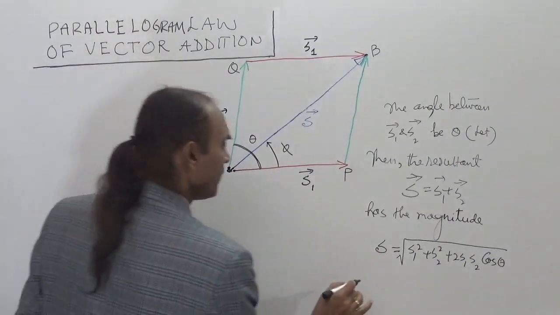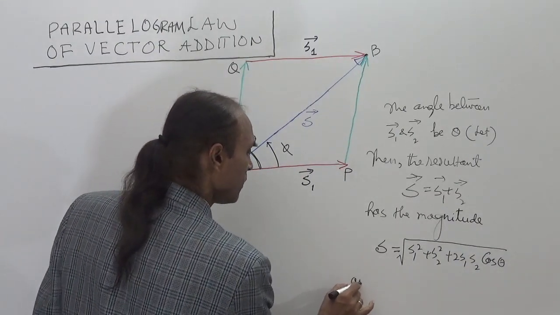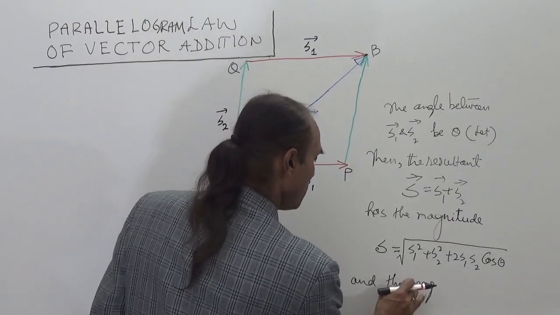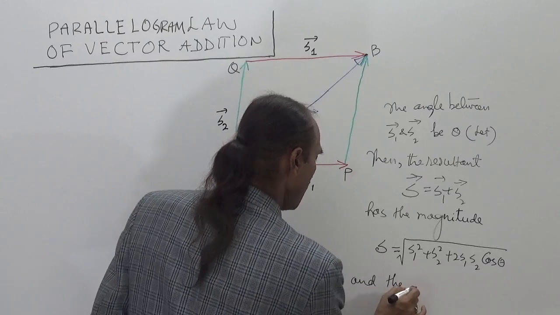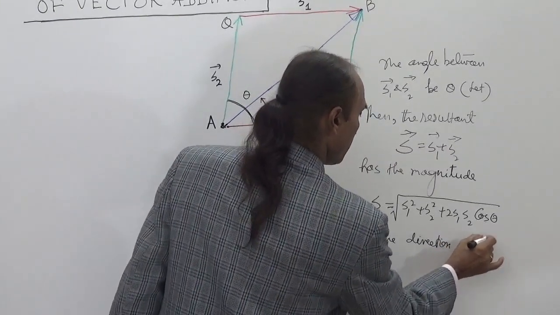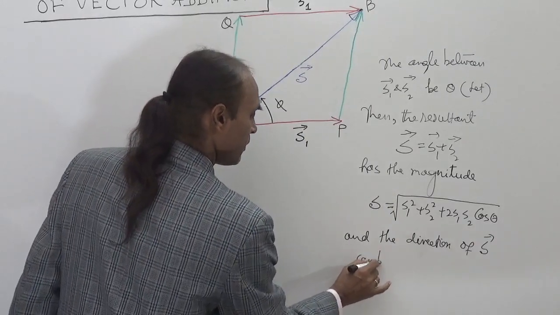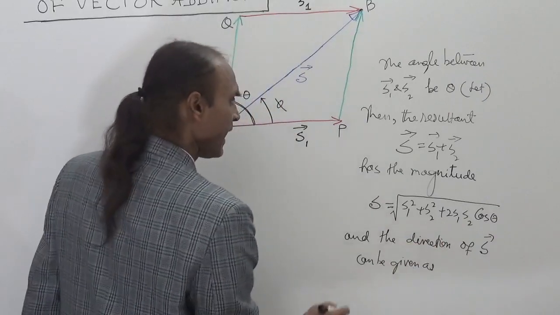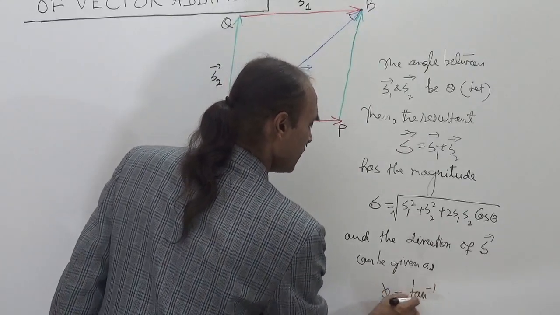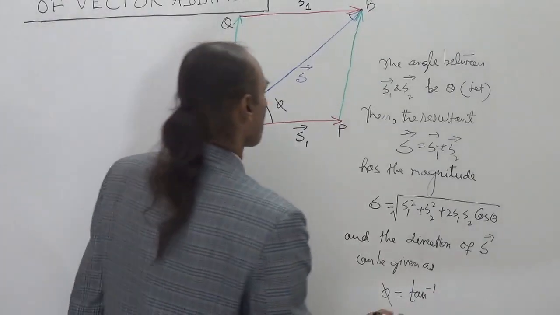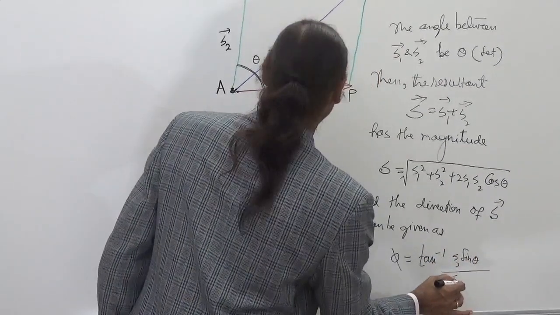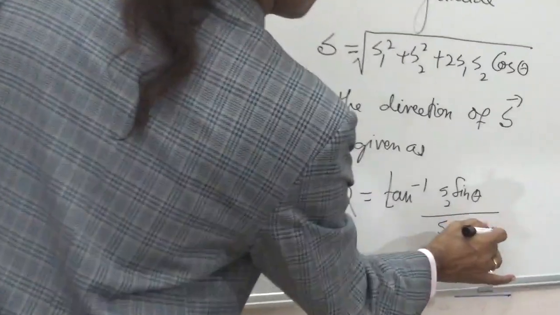If this is so, then the direction can be given as phi equal to tan inverse S2 sin theta by S1 plus S2 cos theta.